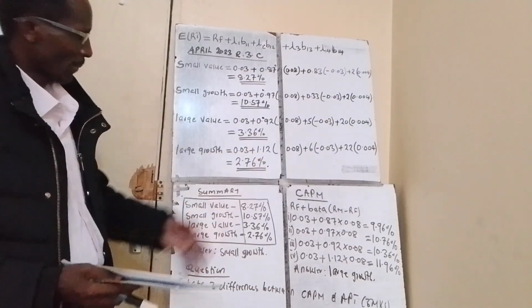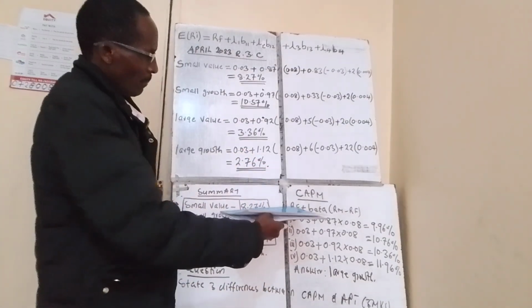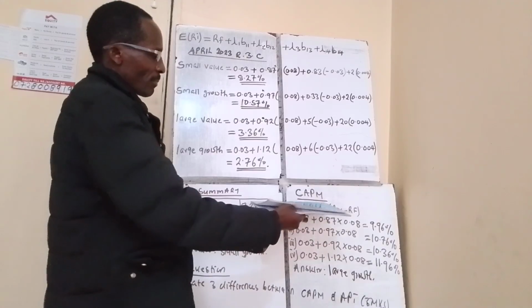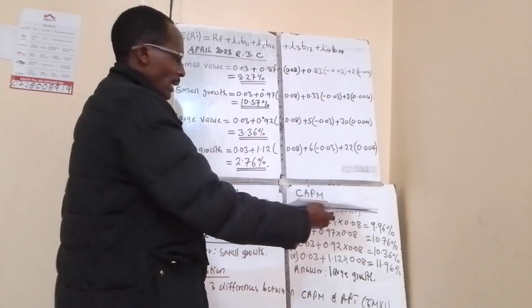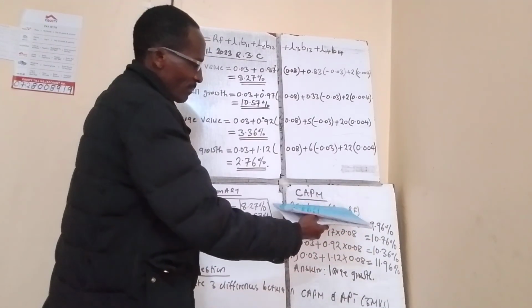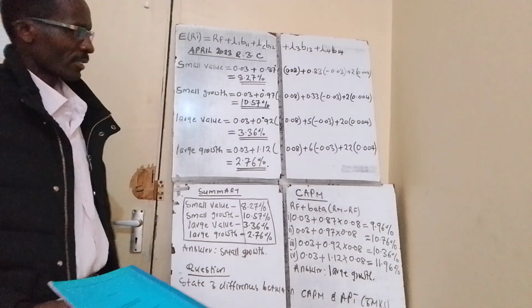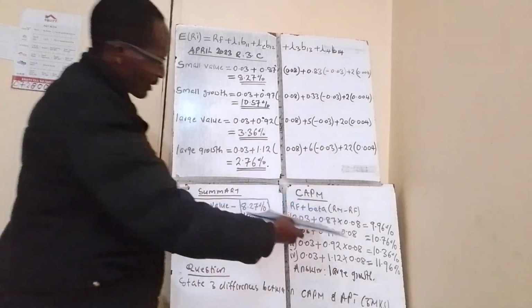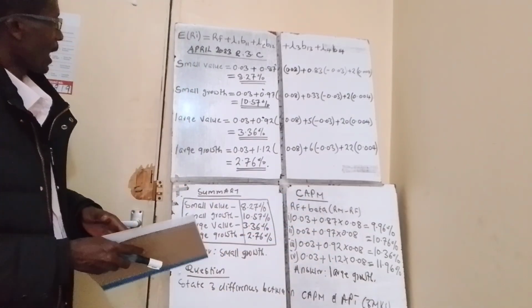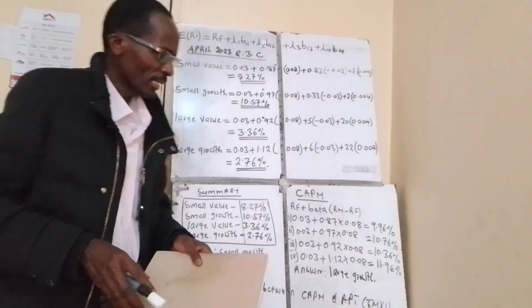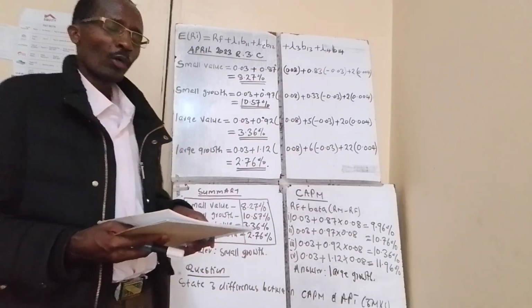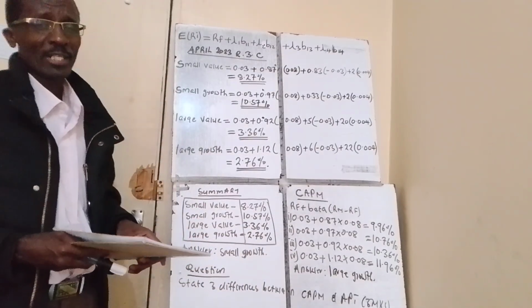Okay, so for CAPM, you just take risk-free rate plus beta multiplied by risk premium. In other words, market return minus risk-free rate. So that's simple. Now, for arbitrage pricing model, it is the same as CAPM, only that you are dealing with several factors.